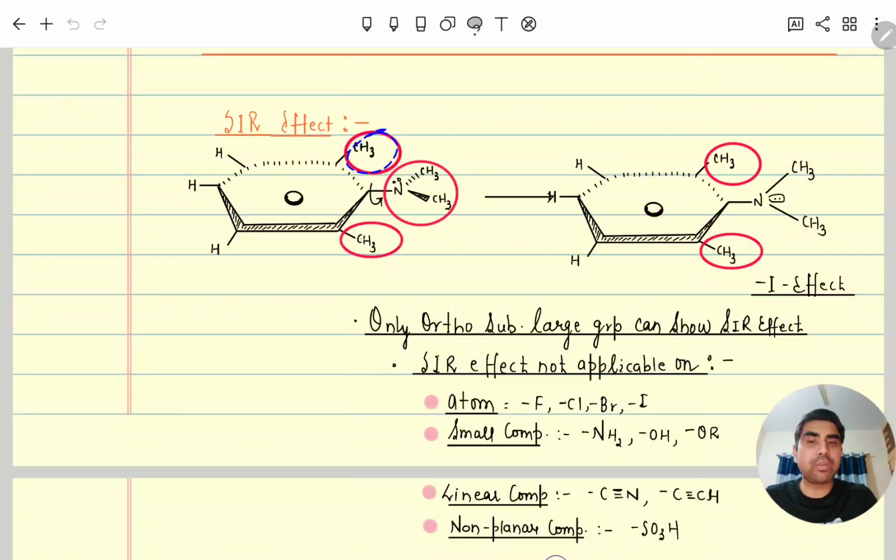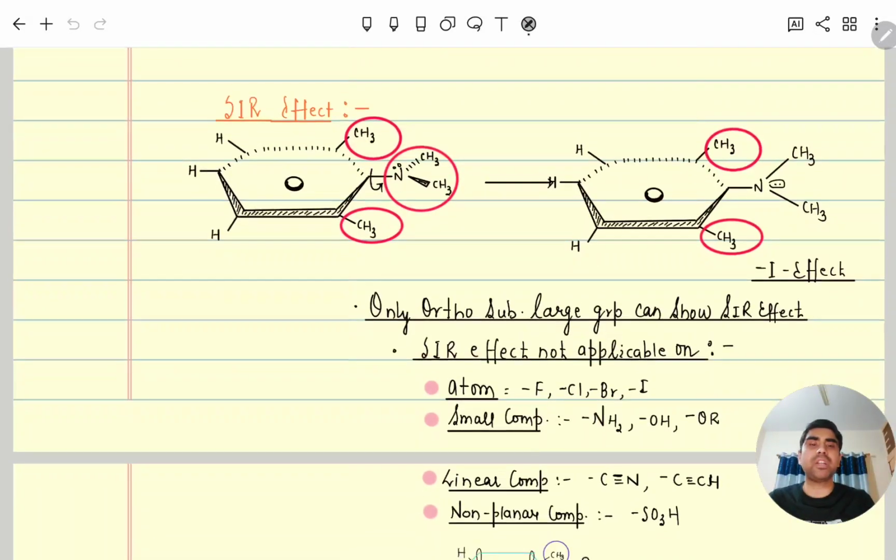Like here, if hydrogen is there in aniline, then hydrogen will not feel that repulsion, so there is no SIR effect, and this lone pair can delocalize, electrons can move from high to low.